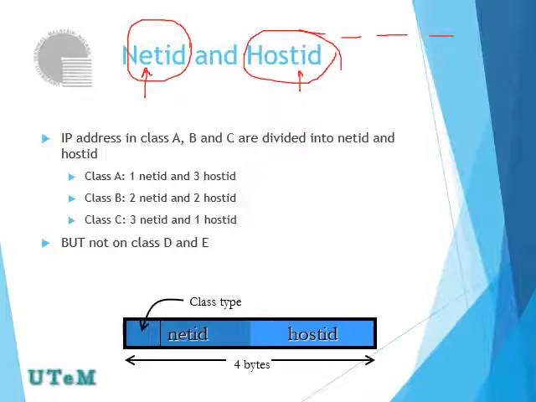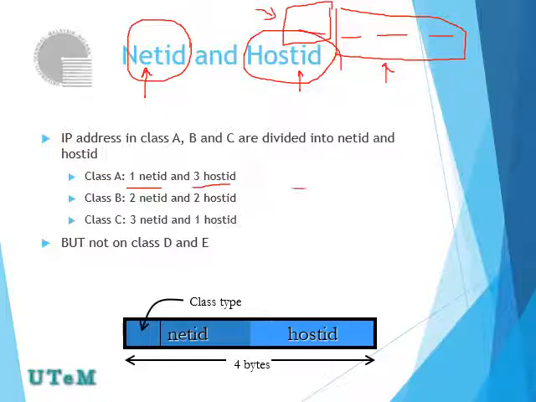In class A, the first octet is assigned to the netid and the rest is assigned to the host. So class A has one octet for netid and 3 octets for host ID.